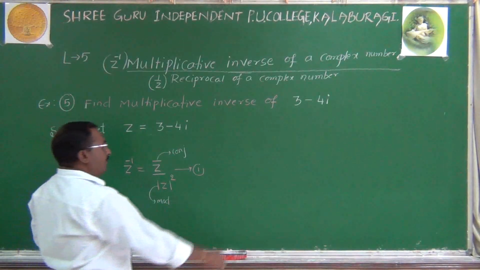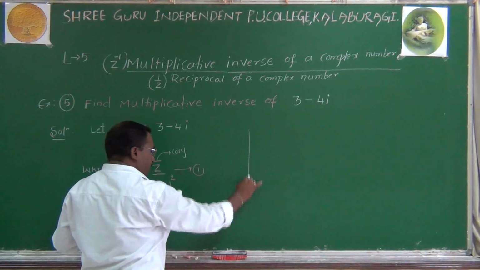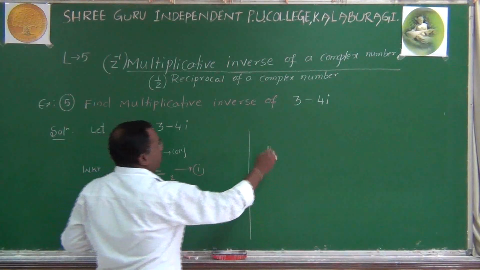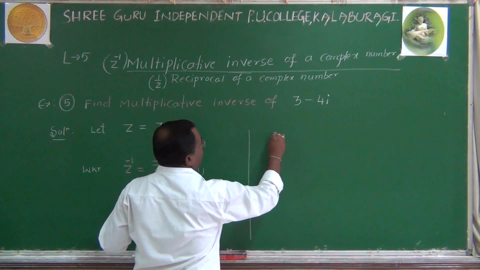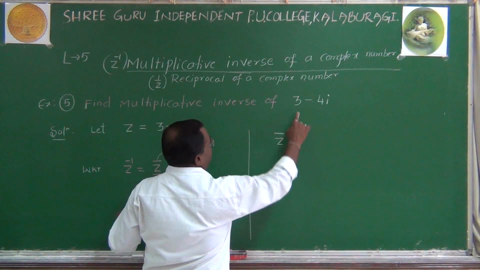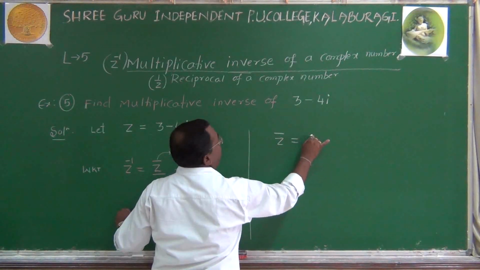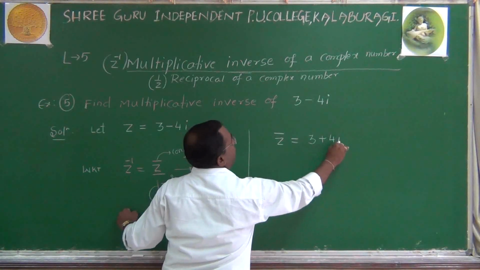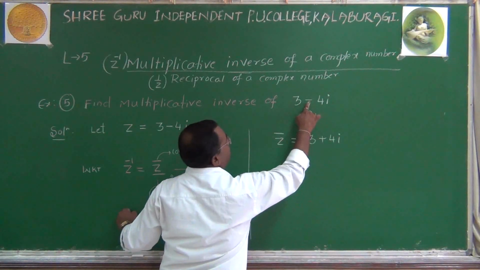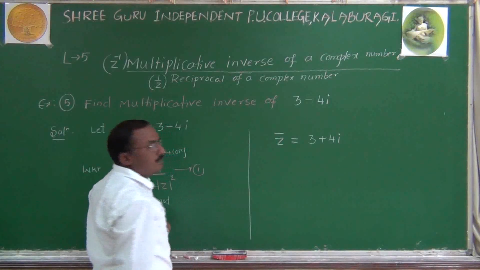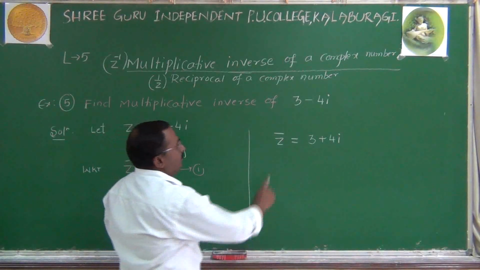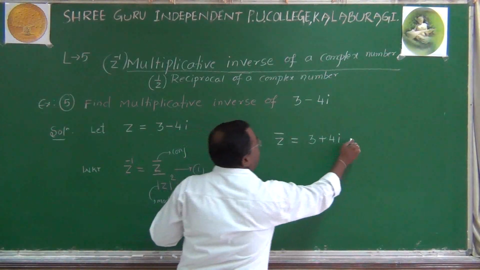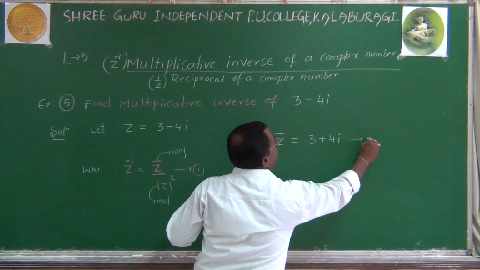Find one by one. That is, z bar is equal to 3 minus 4i, bar means conjugate, change the sign of the imaginary part, minus becomes plus.